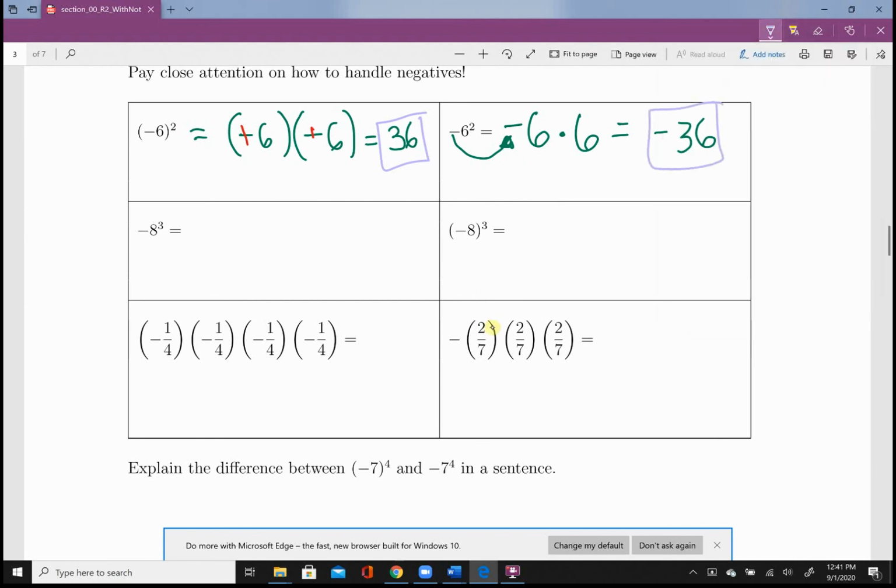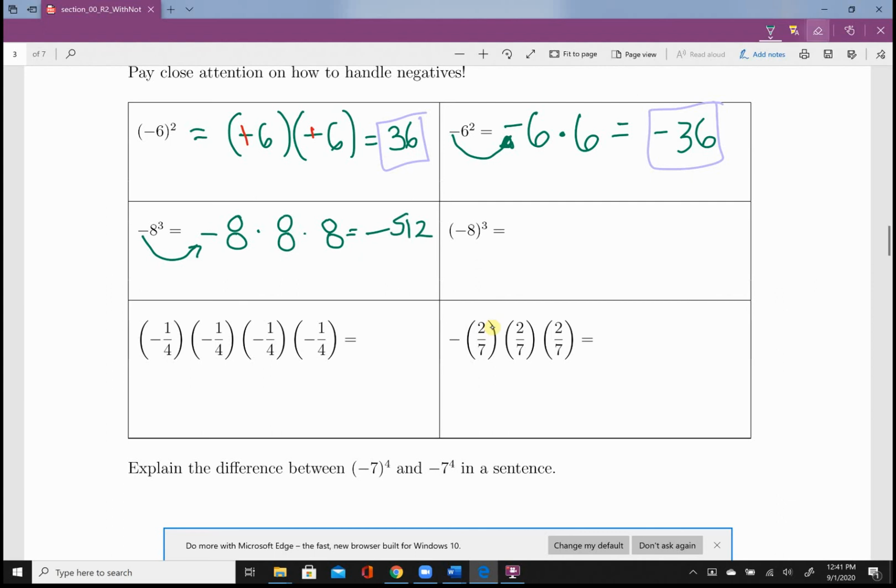Okay. Next one, we have negative 8 to the third, but the 8 to the third power needs to be dealt with individually, or first rather. Here's 8 to the third power, and here it is being negative. Boom, right? And then that'll give you negative, what's 8 to the third power? That's going to be 64 times 8. Don't know that off the top of my head, but 512.